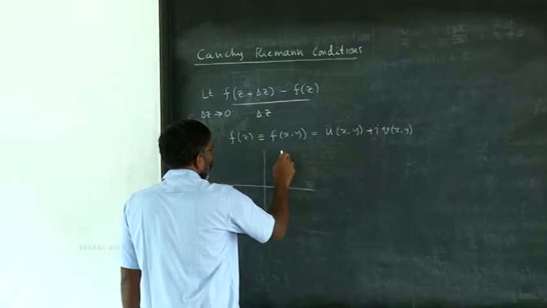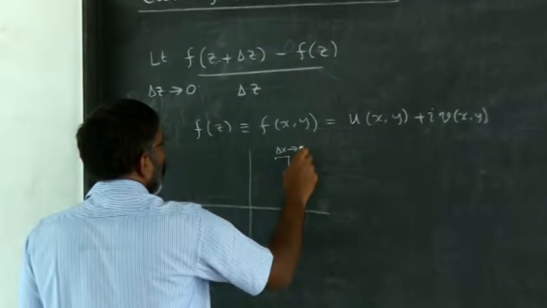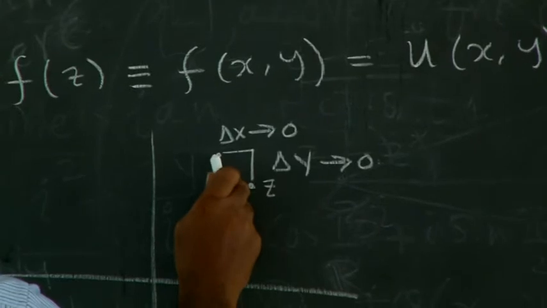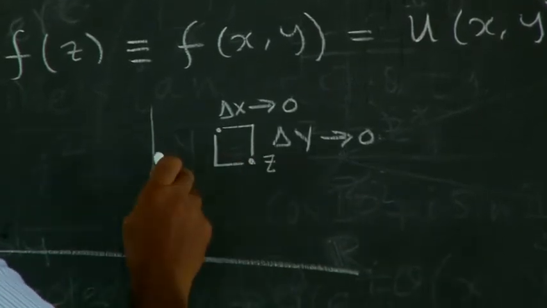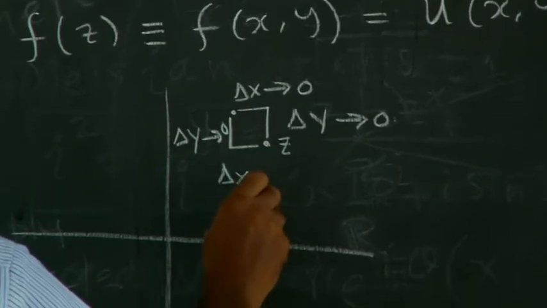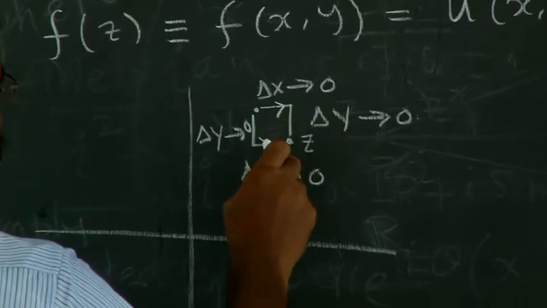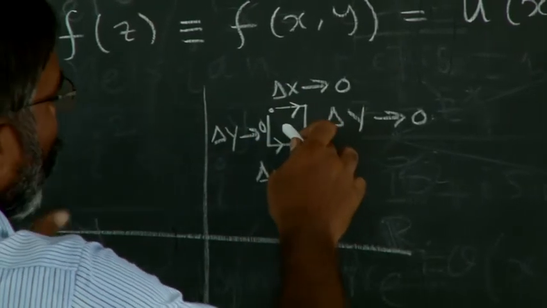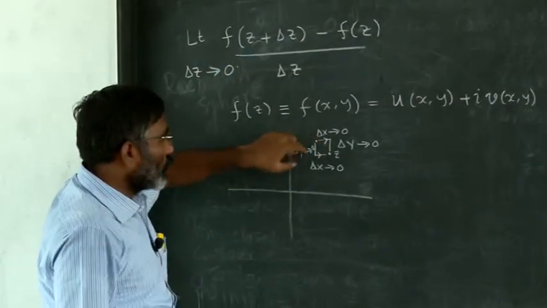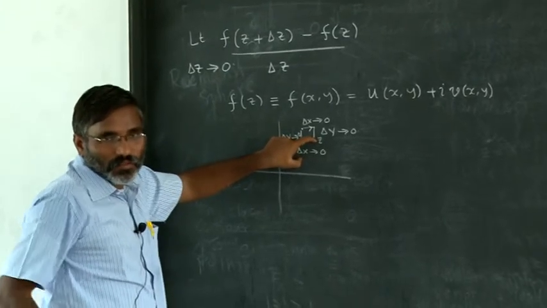That is, first make delta x going to 0 and then make delta y going to 0, or you can go this way, first make delta y going to 0 and then delta x going to 0. So you take two paths, path 1 and path 2. In one path you execute this limit, and in another path you execute this limit, and you should get the same answer if the derivative at this point exists.